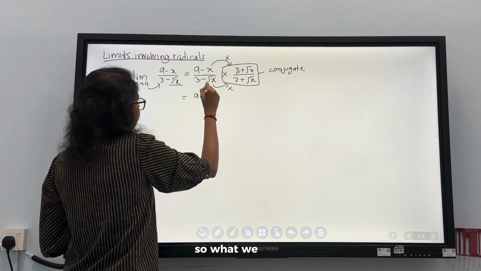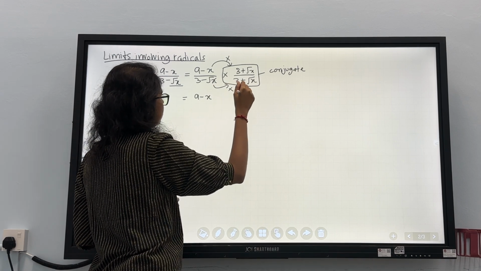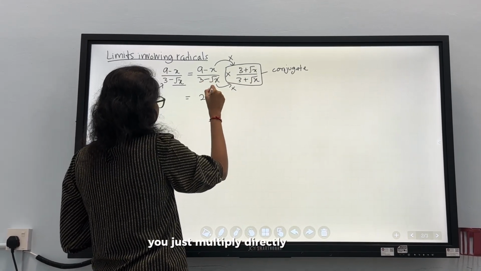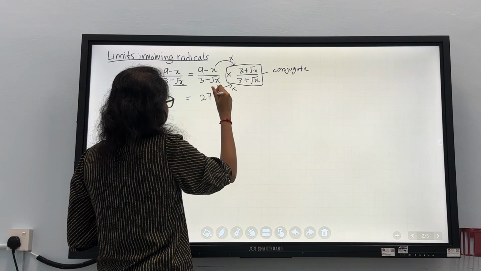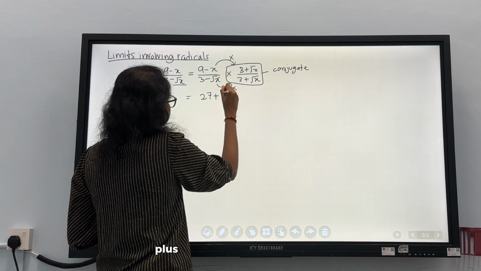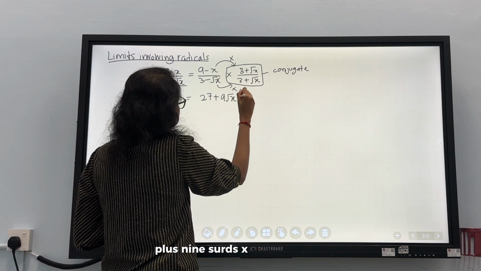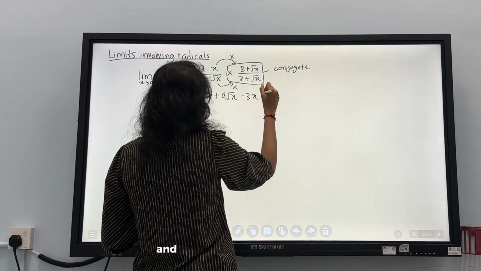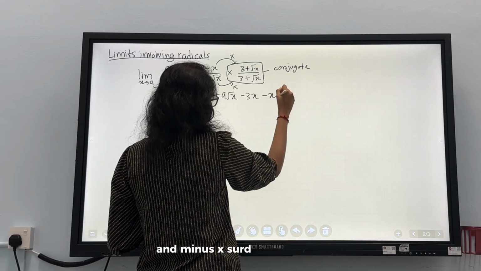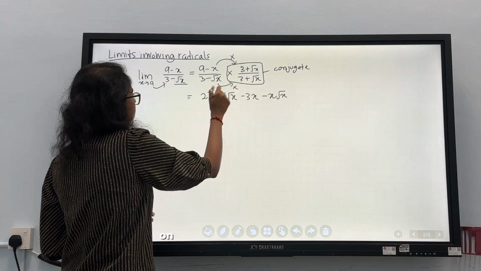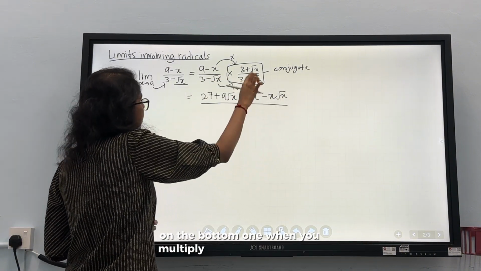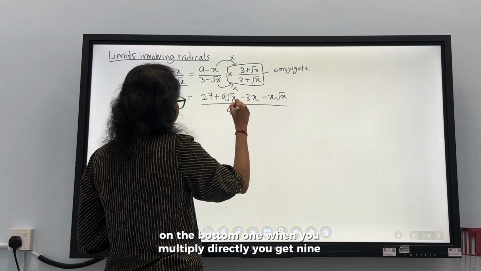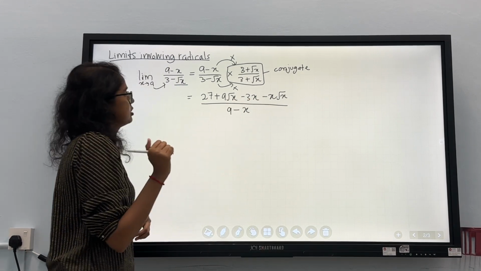On top, multiplying directly, we get the answer: plus 9 square root of x, minus 3 square root of x, and minus x. Meanwhile, on the bottom, when we multiply directly, we get 9 minus x.